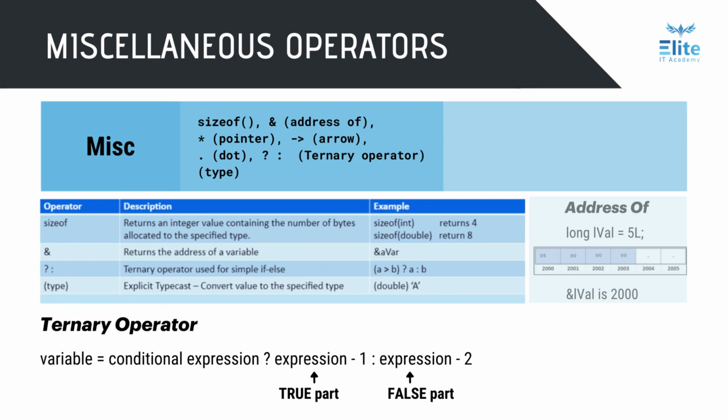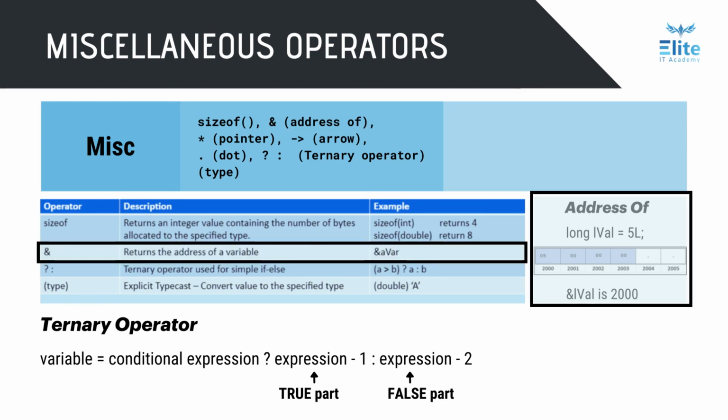The next miscellaneous operator is the address of operator, which is also a unary operator. We know that every variable has two components, its address and value. Generally, we use the value of a variable in expressions. However, there are multiple situations where we would need to know its address.